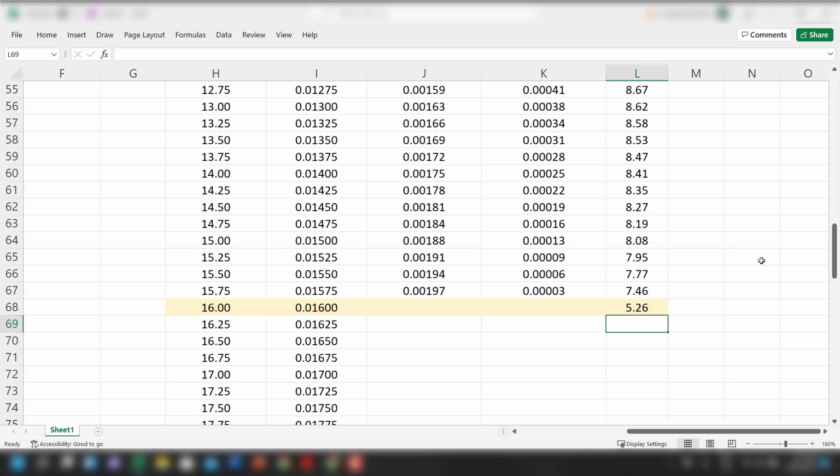We do this by taking the difference between the volume at 16.25 cubic centimeters and the equivalence volume. The equivalence volume will be fixed, so we're going to put a dollar sign here to indicate that it's a fixed volume we are going to subtract from, and then we multiply it by the concentration term.